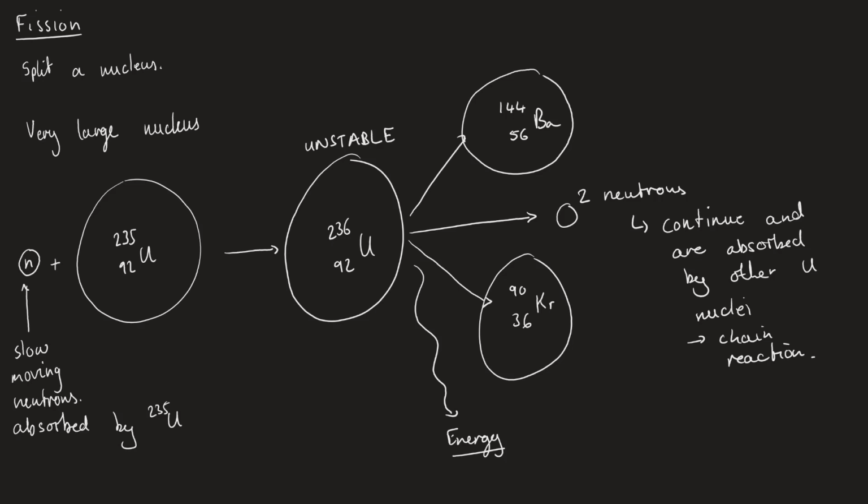And if this continues, if we think we're on the scale of Avogadro's constant amount of nuclei, so we have roughly about 6 times 10 to the 23 nuclei in here, this then means we're going to get to very, very, very high levels of energy very, very quickly. And this is nuclear energy, and that is how you form an atomic bomb. So the chain reaction needs to be controlled.